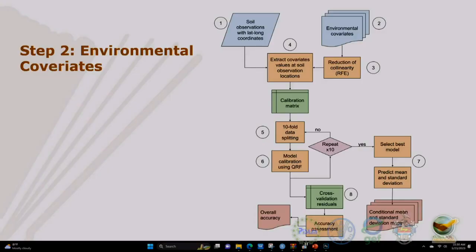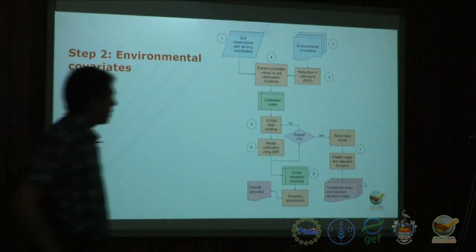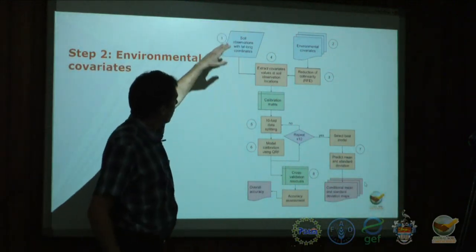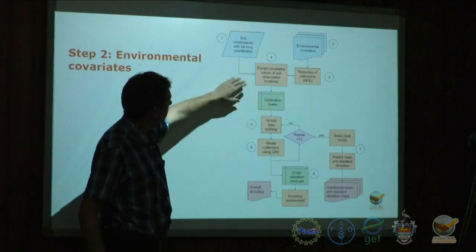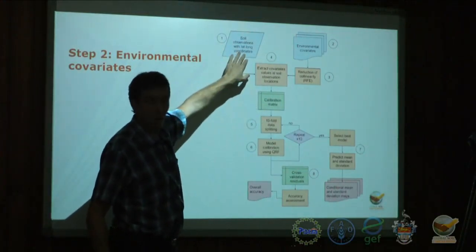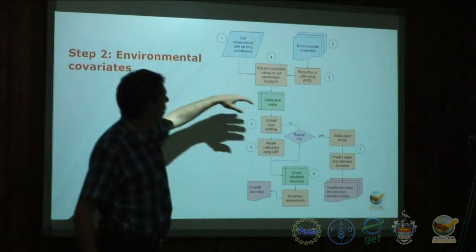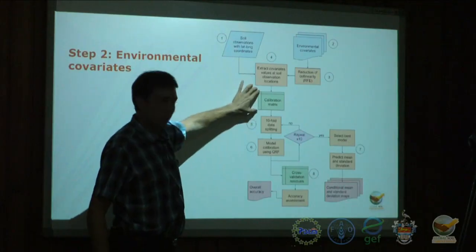So let's go back to the presentation. Okay, so this is the entire process that we did. We put together, calibrate the data from the soil and the covariates in a matrix.